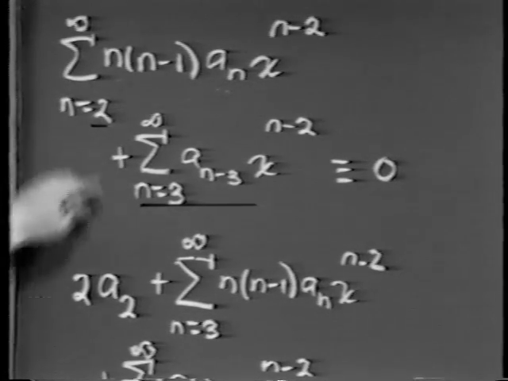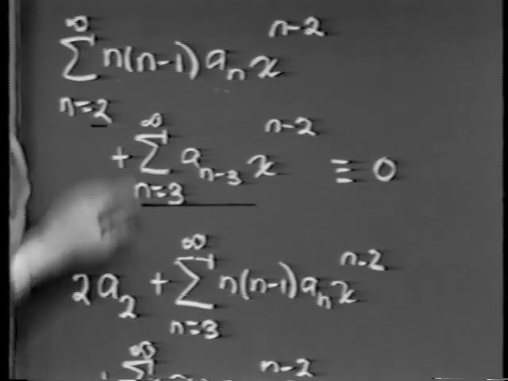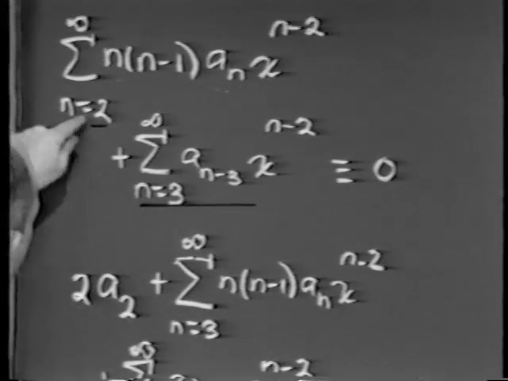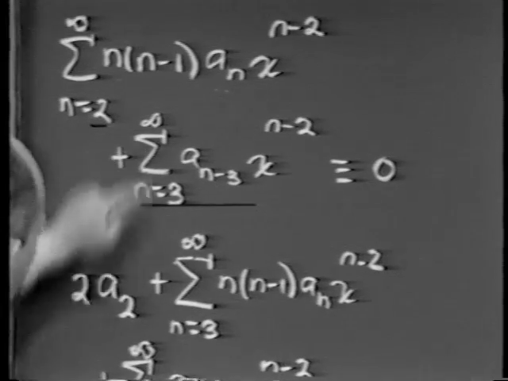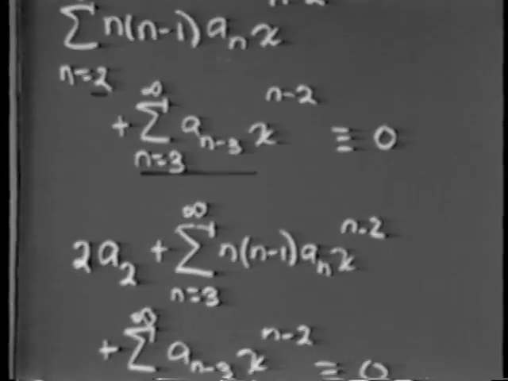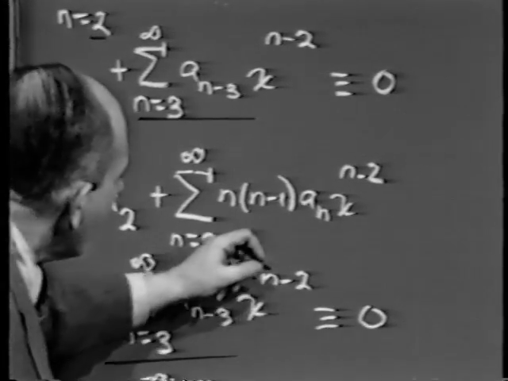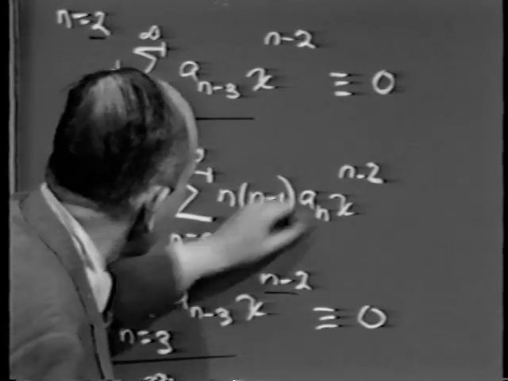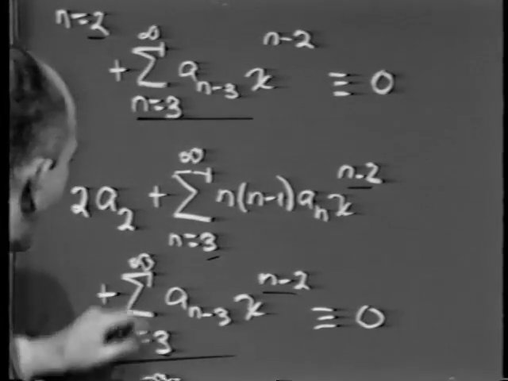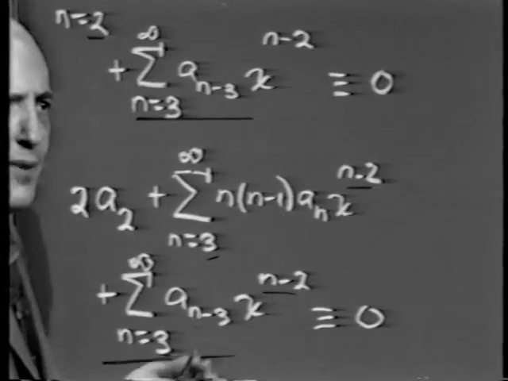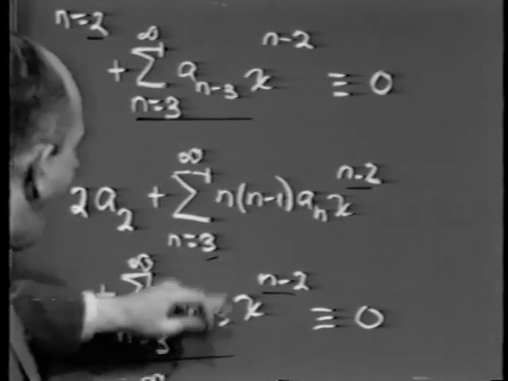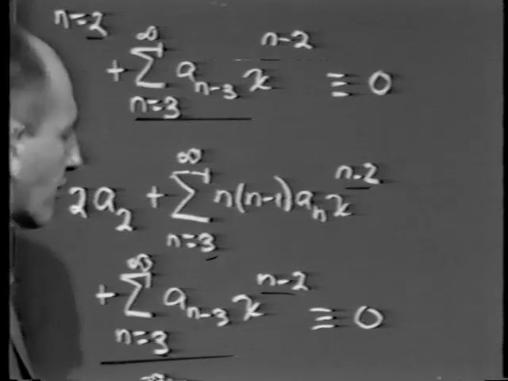Now what I have is what? I have 2a2 plus this summation now going from 3 to infinity plus this summation, which also goes from 3 to infinity. And now, since both the exponents and the indices match up, I can add term by term for these convergent power series. I bring these inside one sigma sign.